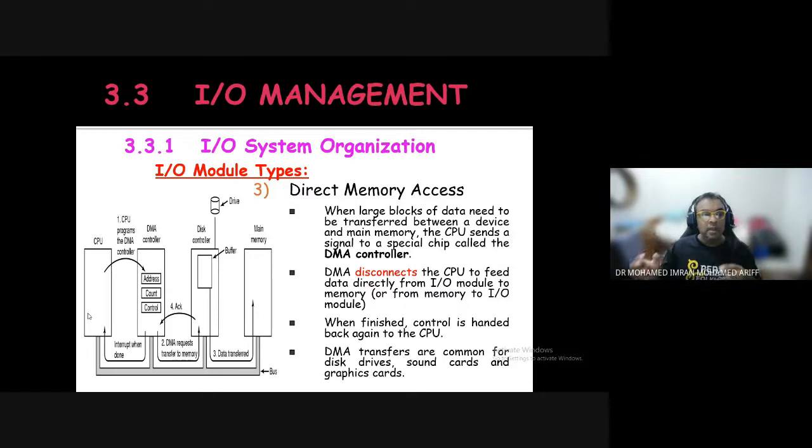But always remember, whenever there is an input to the system, the file does not know where to go. The CPU will tell the program, okay, this file goes inside memory. But if you're transferring a large amount of data to the memory, then it does not go straight to the CPU. It goes straight to the memory.